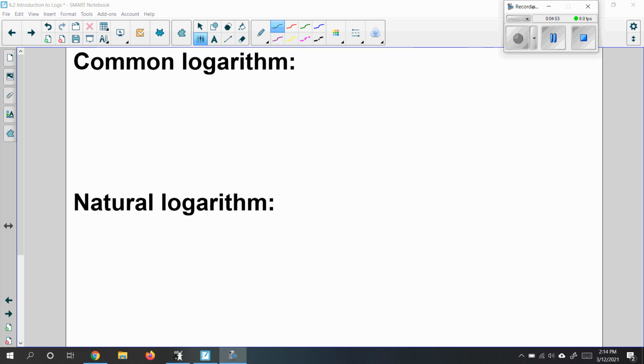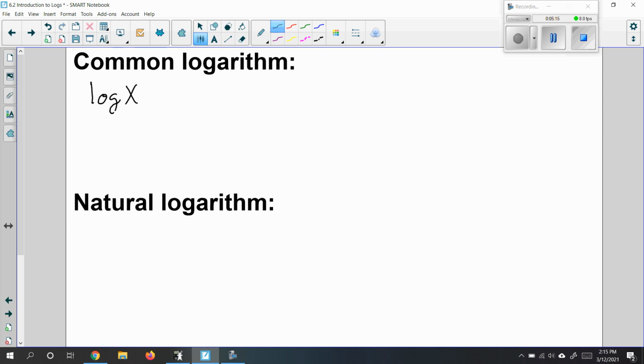There are a couple special logarithms that we use a lot in math. The common logarithm is just log of x. Note, this does not have a base. Actually, it does have a base, we just don't write it.